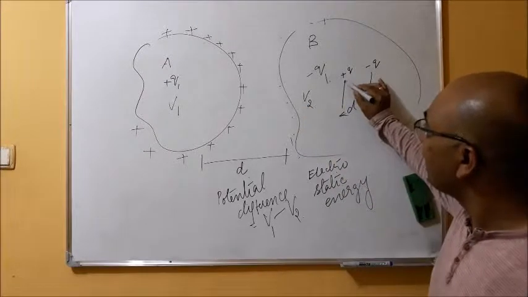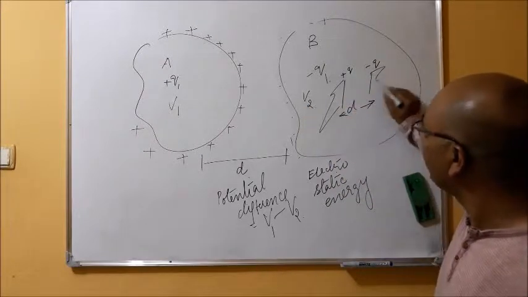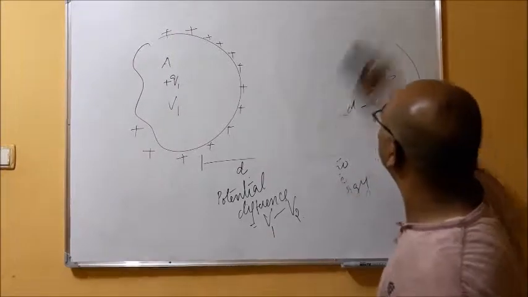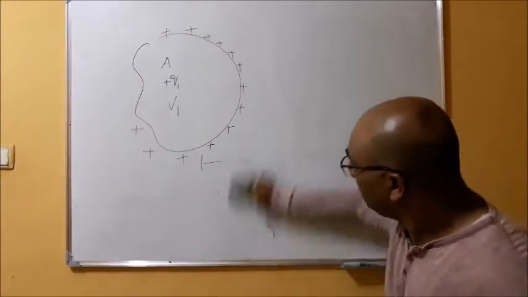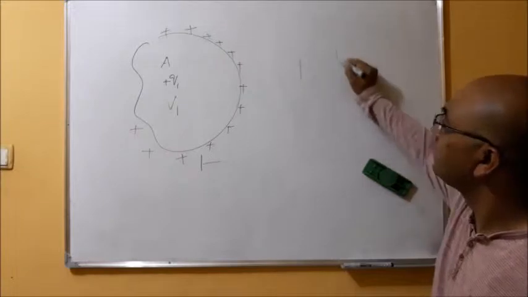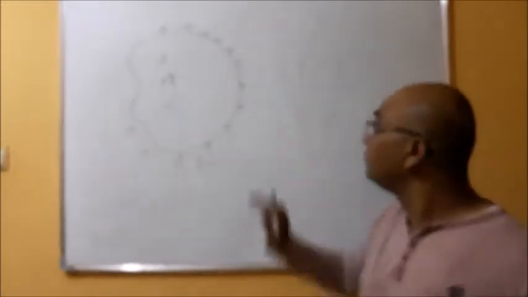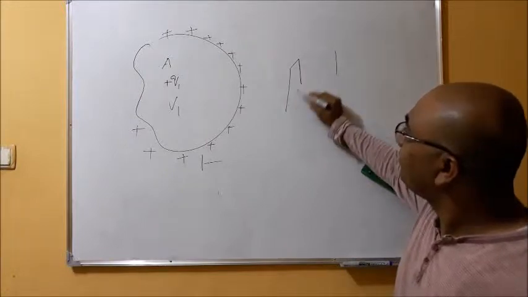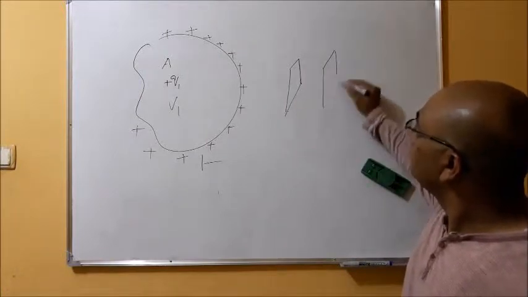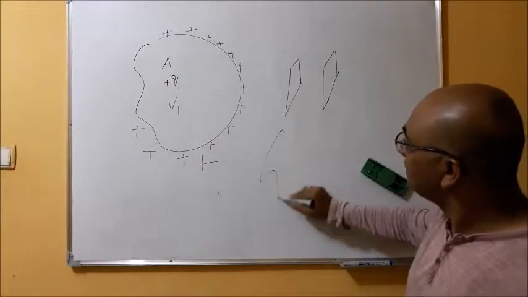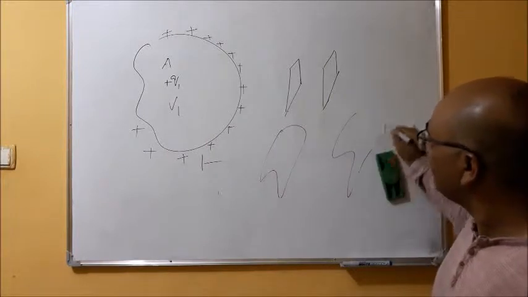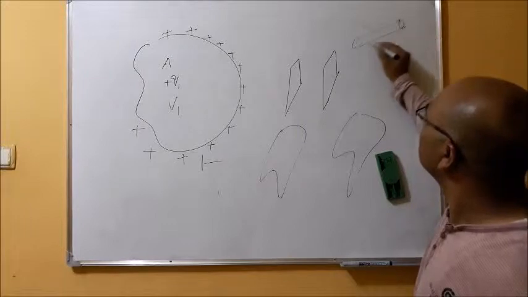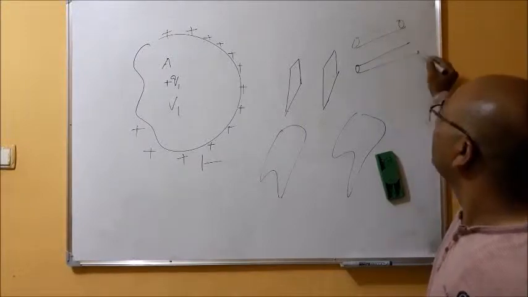The surface may be of any shape. I am representing it like this, but it is not necessary that it would be like a line. Line means a plate. It may be any surface like this, or any kind of surface. It may be like this also, right?